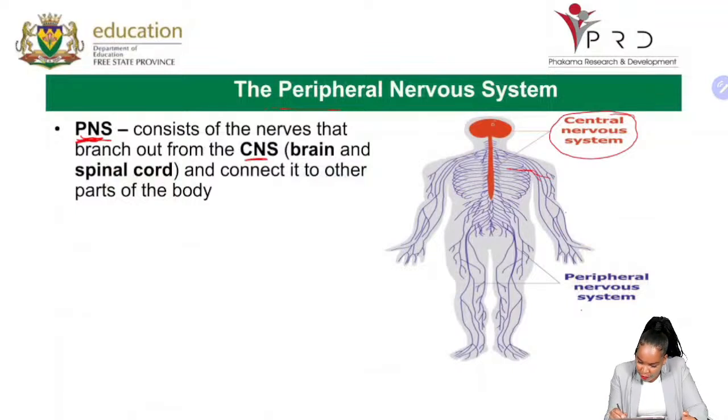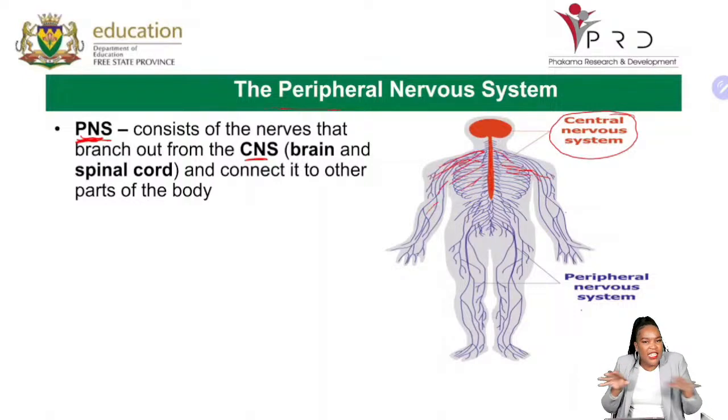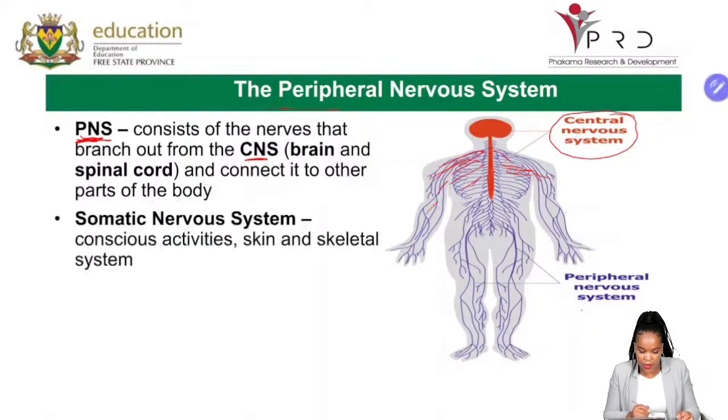So you see, they come from the CNS, but they branch out. They are going to all parts of the body. They are branching now. So the peripheral nervous system is the one where the nerves are coming from the central, but they are branching and connecting to different parts of the body. Yes, we've already spoken about that.